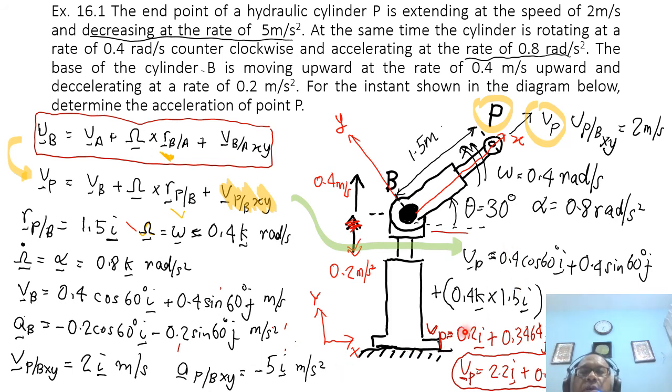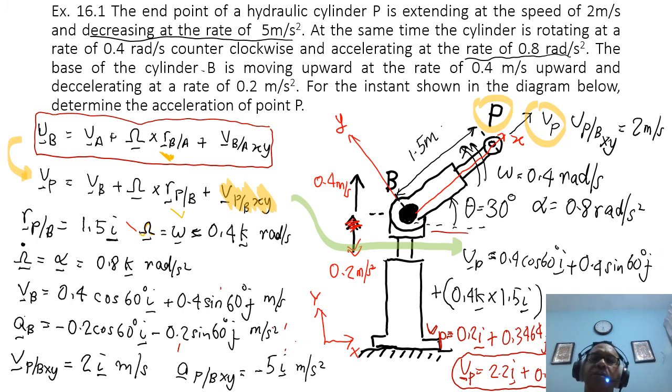We get Vp equals 0.5 times cos 60 i, 0.2i, 0.5 times sin 60 j is 0.3464j, 0.4k cross i is j, 0.4 times 1.5 is 0.6, plus 2i, and the answer is Vp equals 2.2i plus 0.9464j meter per second. So that's the velocity of point P.